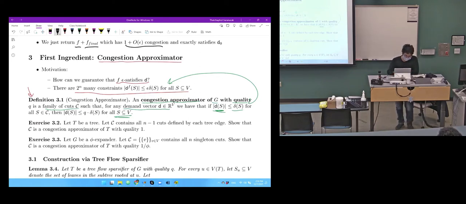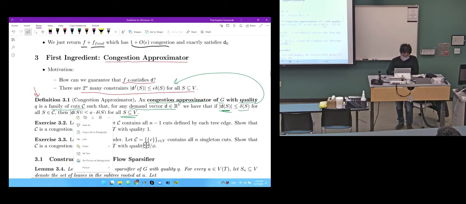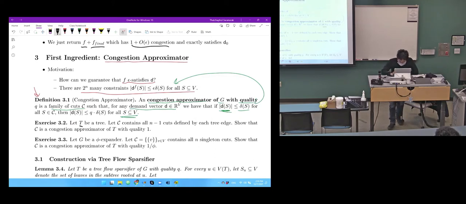This will be an exercise you can try to do yourself. If your graph is just a tree, so maybe it's a tree like this.